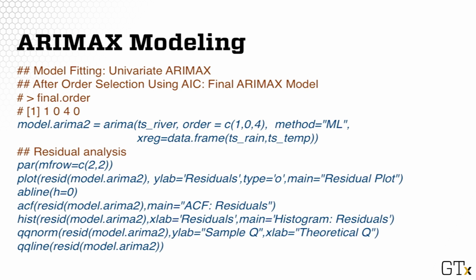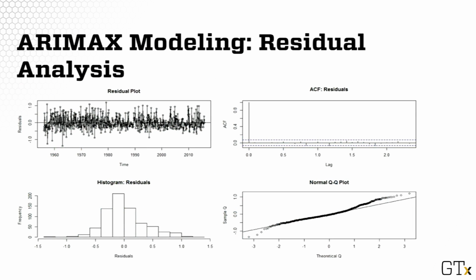Next, I fitted a model and plotted the residuals. The residuals are here. The residual plot versus time does not present any pattern. The ACF plot of the residuals resembles that of white noise, indicating plausibly uncorrelated residuals. The residuals also have an approximate symmetric distribution, an approximate normal distribution, as provided by the histogram and the normal probability plot.